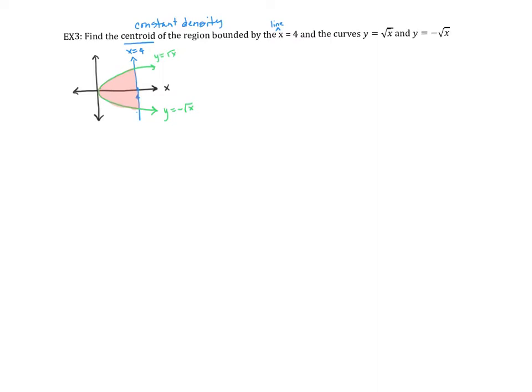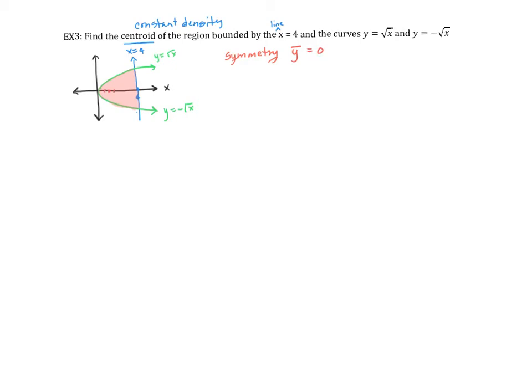The 2 y functions will match up perfectly. So there's symmetry with respect to the x-axis. Think about where I would put my pivot. It does matter where the x goes, right? But the y value, because of symmetry, and here I also have constant density, the y value for the center of mass, or the y bar, will always be 0.